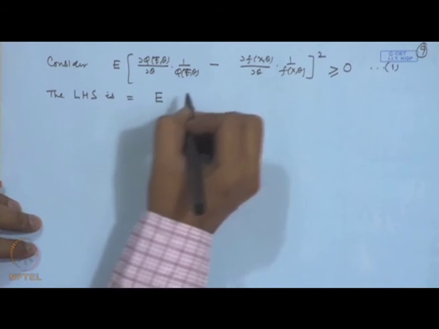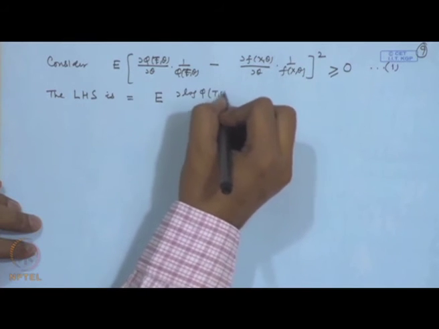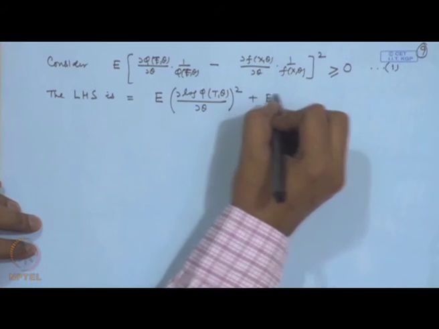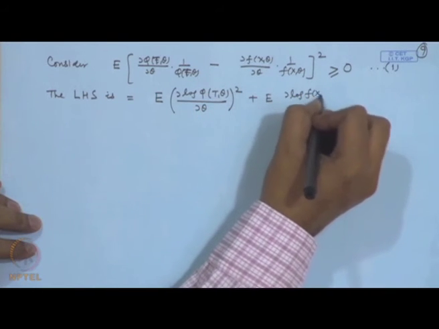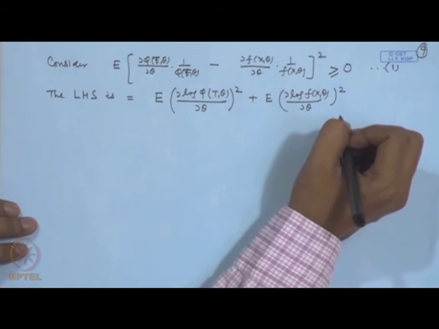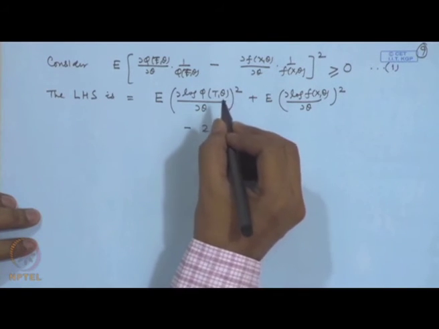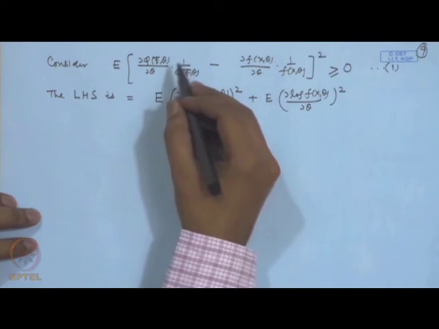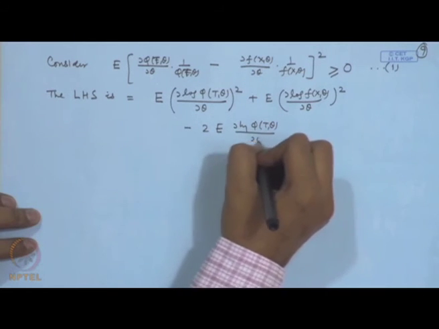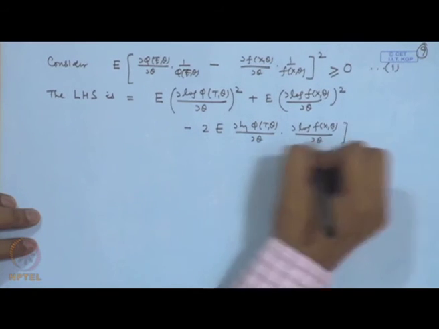So, this is becoming expectation of (∂ log φ(T, θ)/∂θ) squared plus expectation of (∂ log f(X, θ)/∂θ) squared minus twice the expectation of the product of these terms, that is ∂ log φ(T, θ)/∂θ into ∂ log f(X, θ)/∂θ.